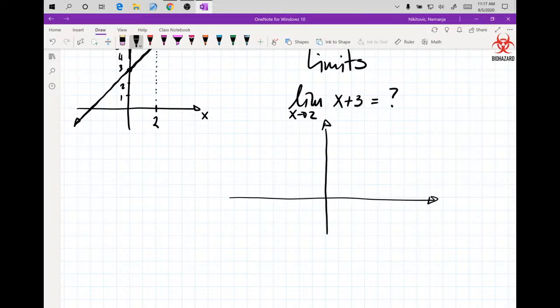So here is our same graph as before. Nothing has changed. We still have our 45-degree line that goes through number 3, and we still want to figure out what's happening at 2. Now, what I'm going to do is I'm going to use the limits this way.